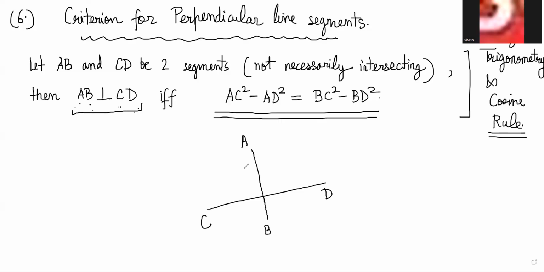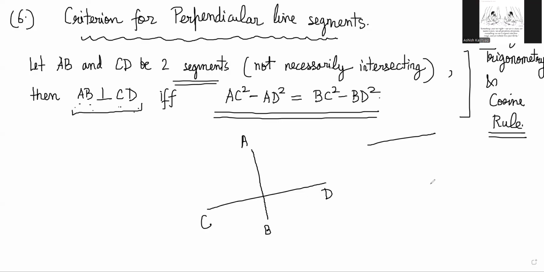Sir, how will we say if two lines are perpendicular or not if they're not intersecting? I don't mean lines, lines are infinite in length. But segments can be separated, like one segment on this side of a triangle and another somewhere else. If you extend them, obviously they will intersect.